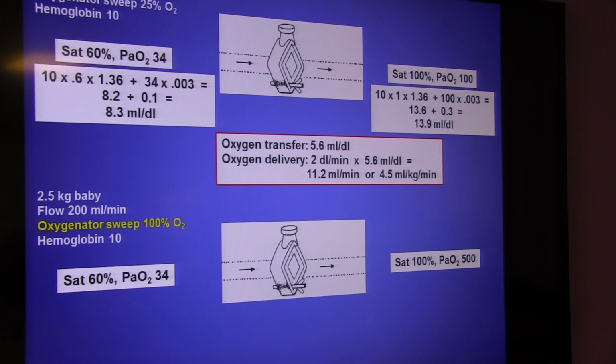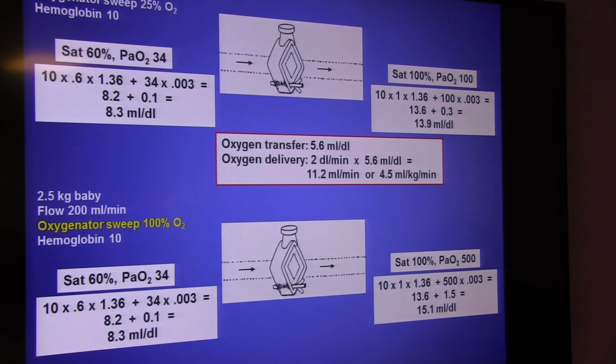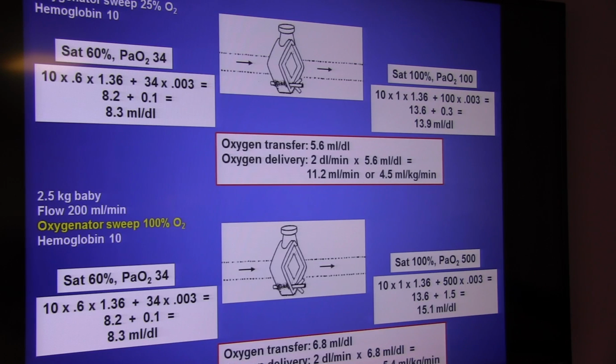So let's say, and this is what Laura was saying, why it doesn't necessarily make such a huge difference to change your FiO2. So let's say you decide, instead of adjusting your flow, that you're going to increase your FiO2 on your sweep and leave everything else the same. So essentially you've gone from 8.3 to 15.1 now. And you've increased your oxygen delivery a little bit, but not that much, right? You've gone from 4.5 to 5.4.